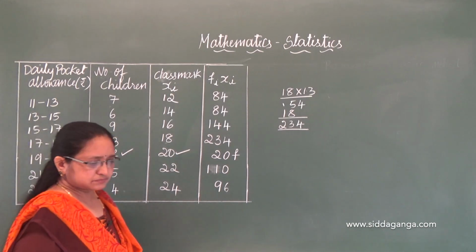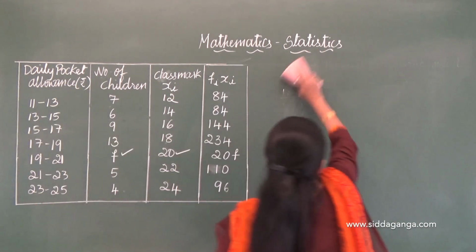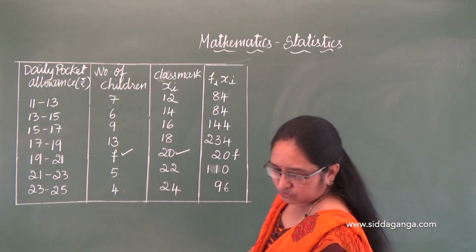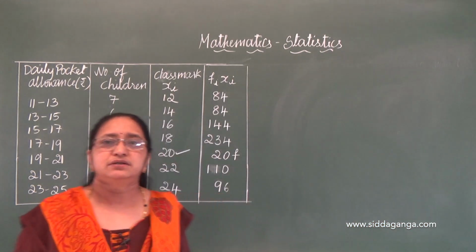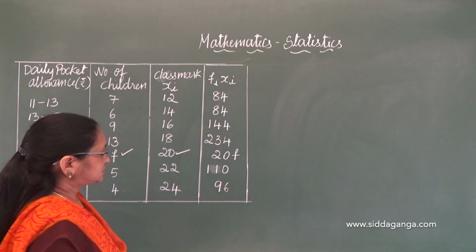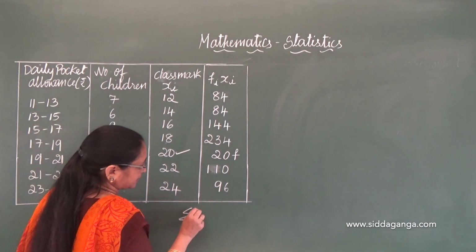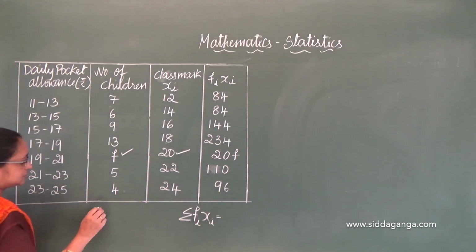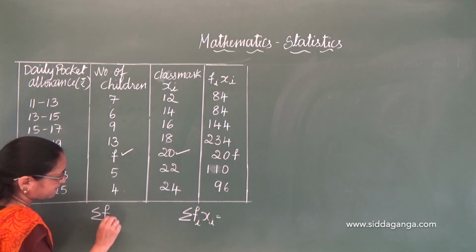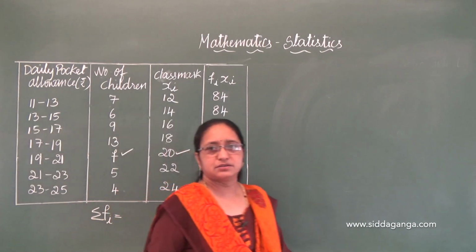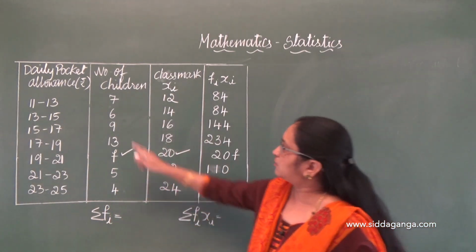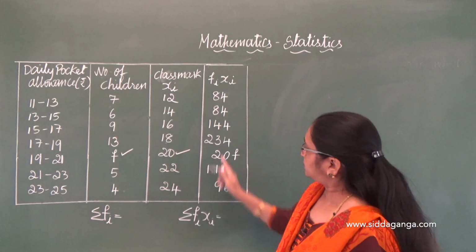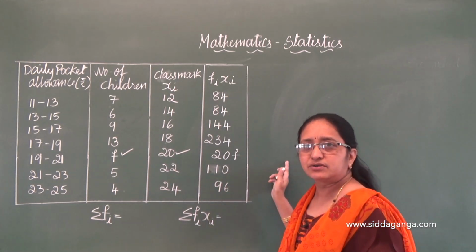Okay, now you all know the formula. Before that, we have to find sigma Fi xi, then sigma Fi, the sum of all, then only we can find the mean.